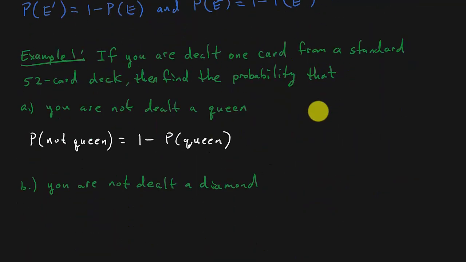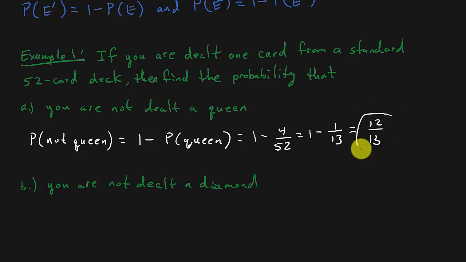How many queens are in the deck? 4, and there's 52 cards total. So this would be 1 minus 4 over 52, which reduces to 1 minus 1 over 13. That is equal to 12 over 13.